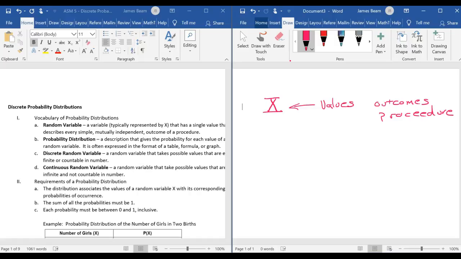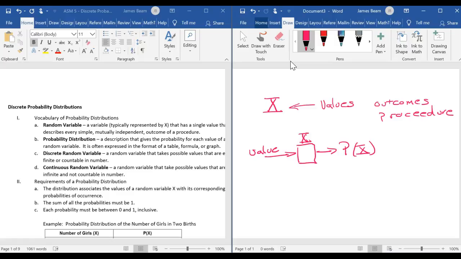A probability distribution is some sort of description where you put values into the random variable and out comes probabilities for those values. So those probabilities are directly associated with the values that you put into the random variable.